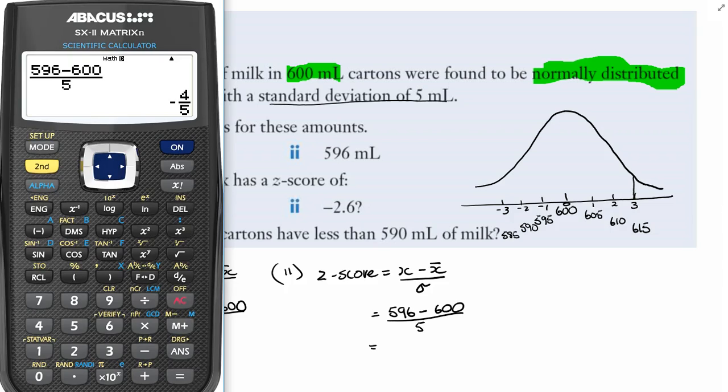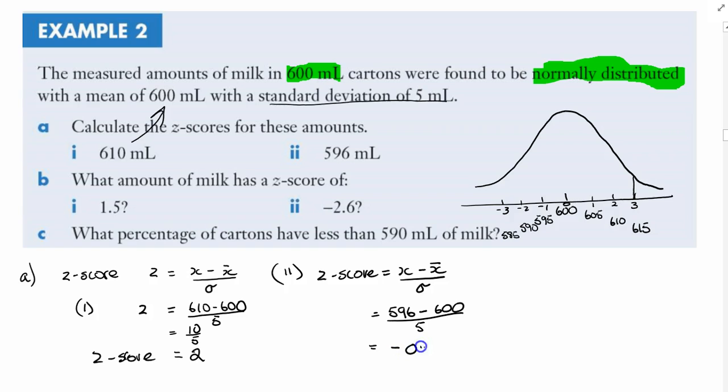And this is where the new calculator really is helpful, because I've not needed any brackets. I've put the numbers in as they appear in my calculation. I've pressed equals. I've got the negative, which I was expecting, and all we need to do then is convert fraction to decimal. And so you can see it's negative 0.8.